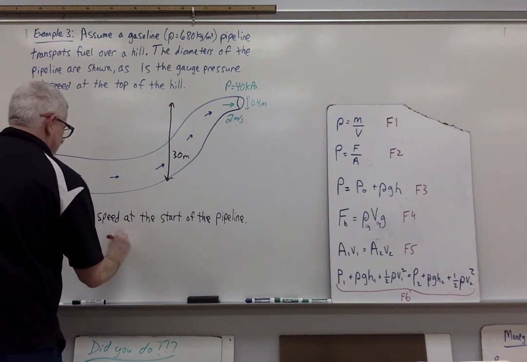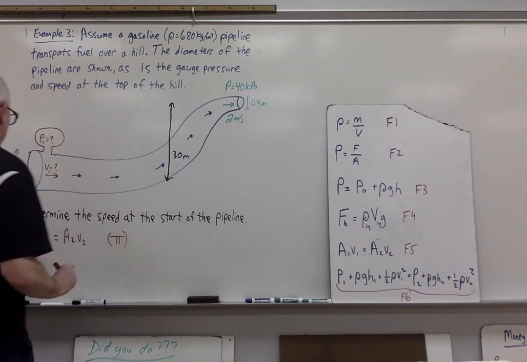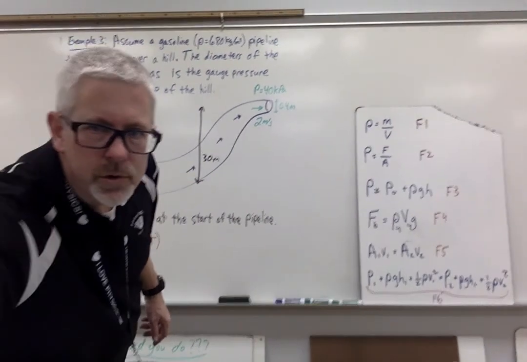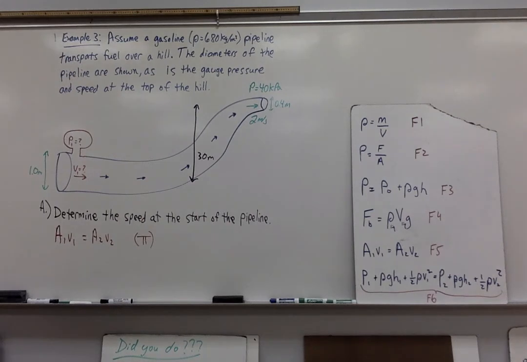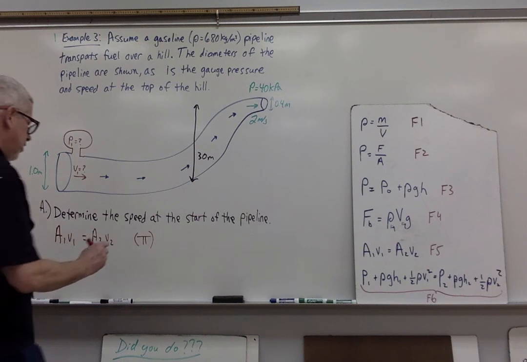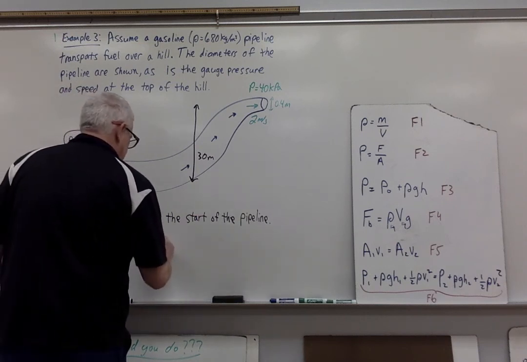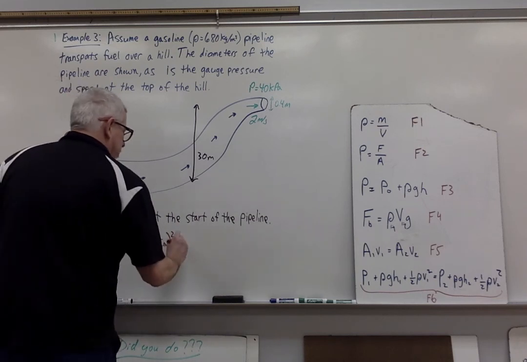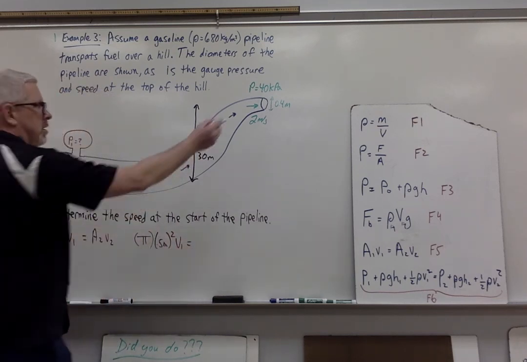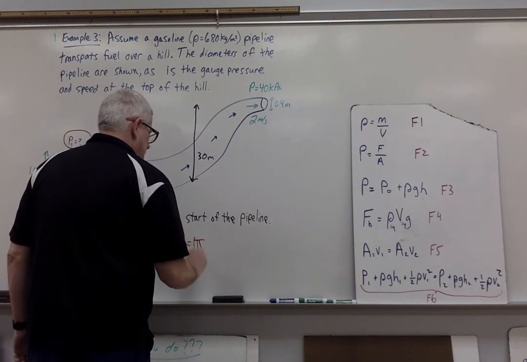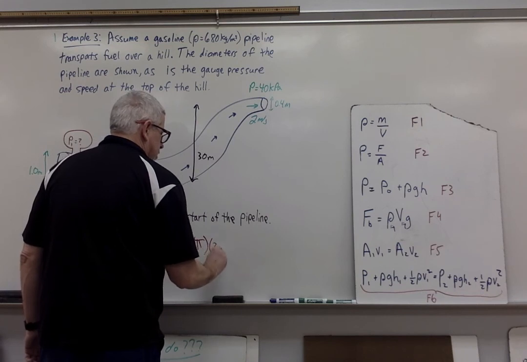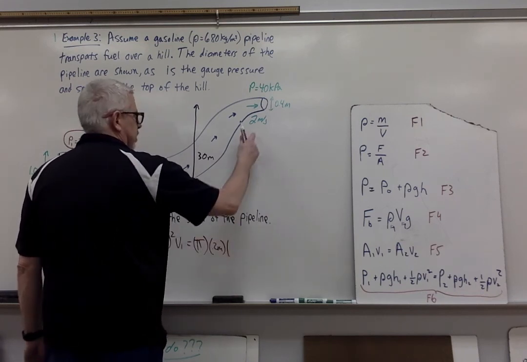So that's going to be pi r, which is 0.5 meters here. Hopefully you can see that. 0.5 meters is half of this 1 meter diameter, times V1 equals pi, 0.2 meters is the radius, V2.